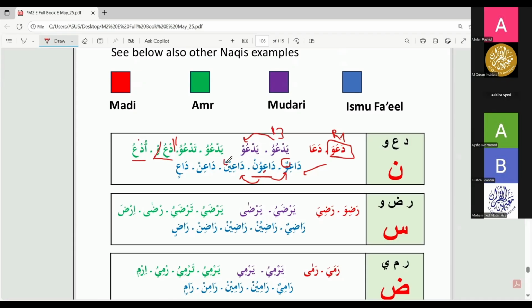But there are 2 sukoons side by side, which is not permissible, and that is why the weakest letter should leave. Here the weakest letter is ya. This is gone, and what is left is da'in. And then we have the same pronunciation, da'in. What happened here is just we made it short. We made it simple.